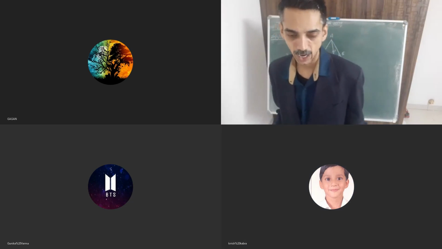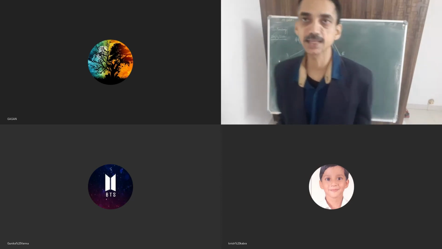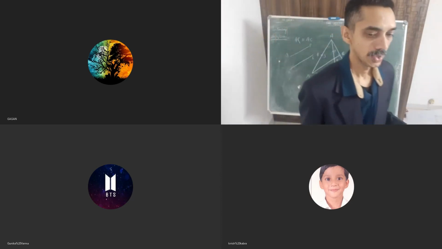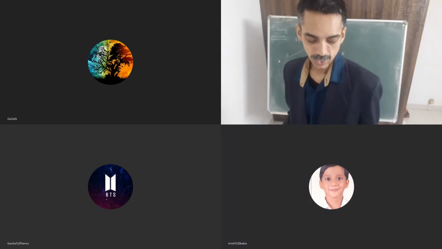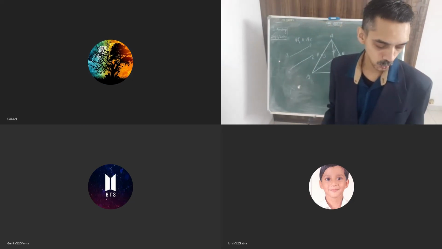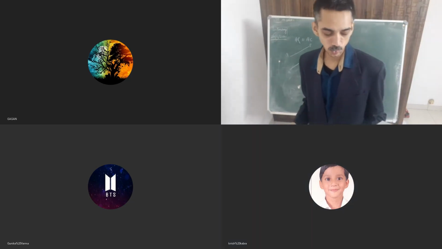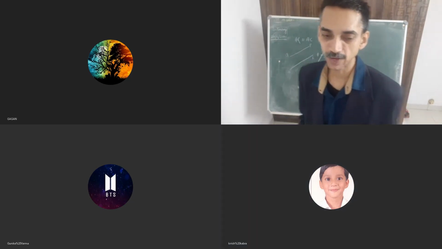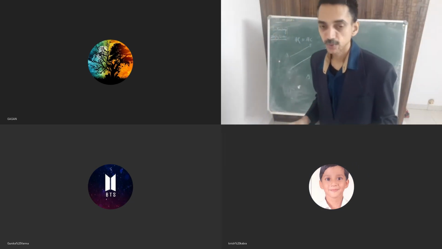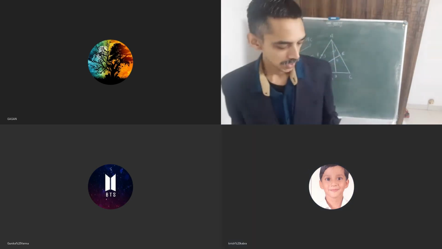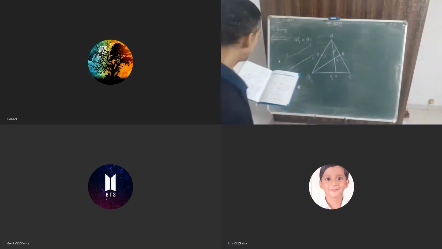BQ and PR, P for Patna, R for Ranchi, intersect at X, and CR and PQ intersect at Y. I'll draw the figure for you. It'll be clearer than it is now.